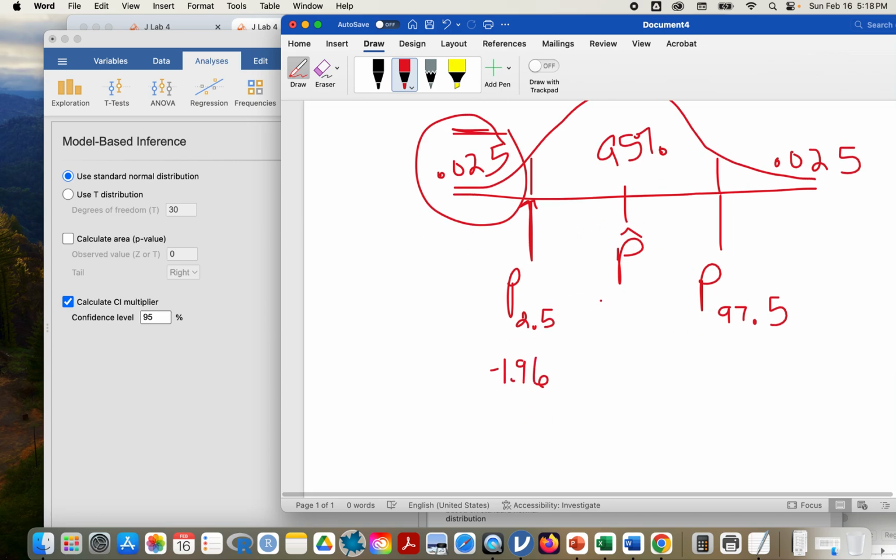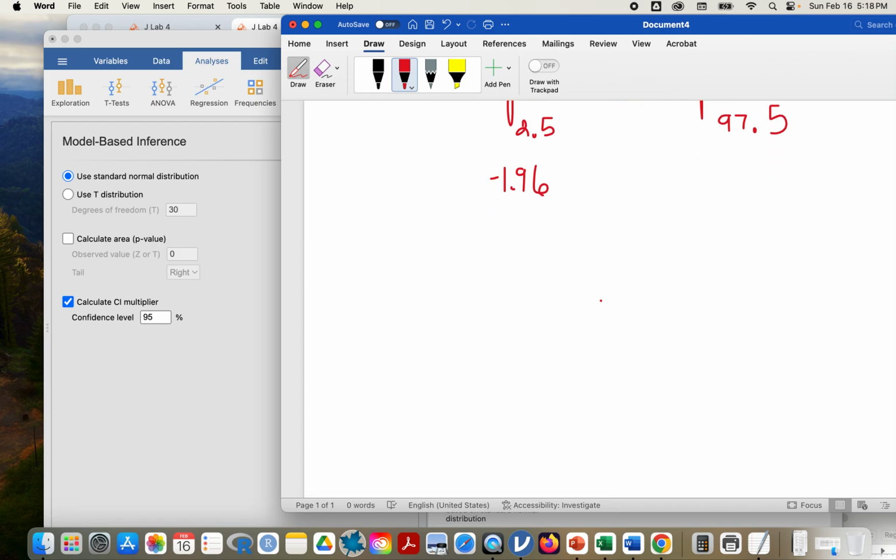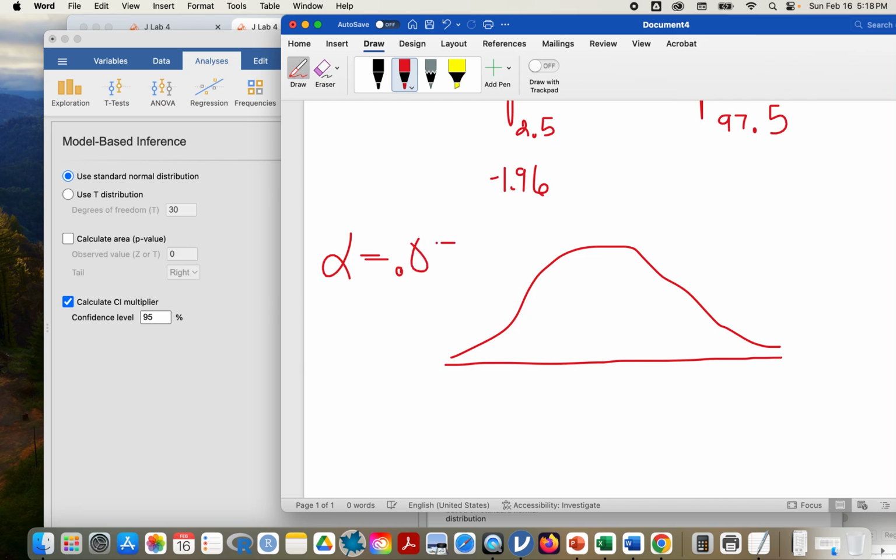Now let me go a little bit farther with that, because what I said might not make a lot of sense. Suppose your alpha is 0.05, and you're doing just a left-tailed test. That means the total area in here is 0.05. To make the confidence interval multiplier work to get us the critical values, we pretend on this side there is also a 0.05.